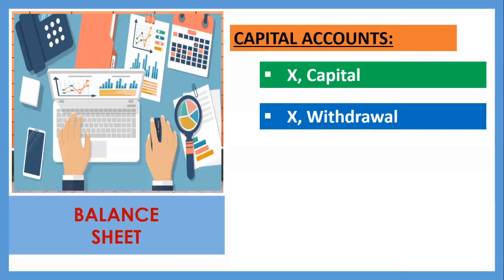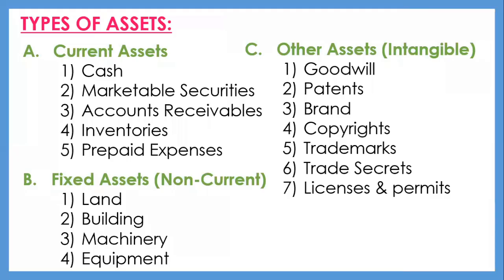All right? Again, like I said earlier, there are different types of assets. In this case, there are three types of assets. First, we have current assets. Second, we have fixed assets or non-current assets. And finally, we have other assets or intangible assets.